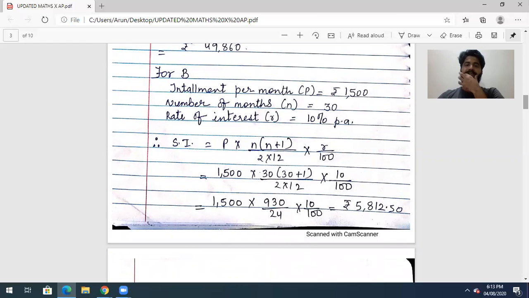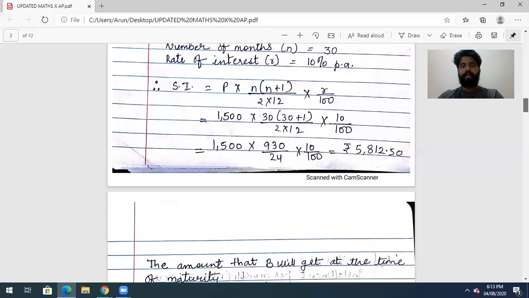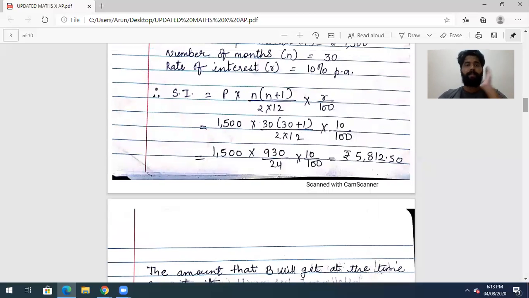So for B, installment per month is rupees 1,500. Number of months N, because he's depositing for 2.5 years, so 2.5 into 12 gives us 30 months. Rate of interest is 10% per annum. Again, we'll apply the formula for interest, which is P into N, N plus 1 upon 2 into 12 into R upon 100.